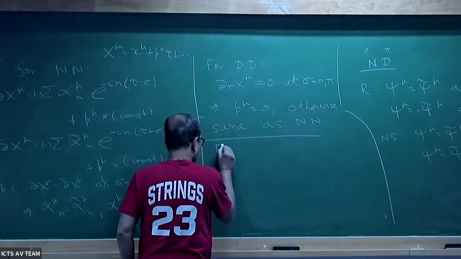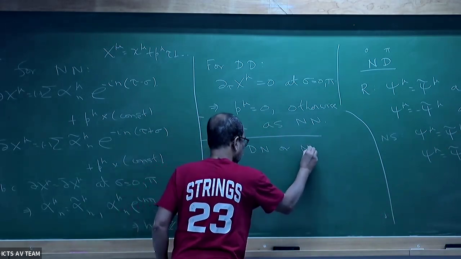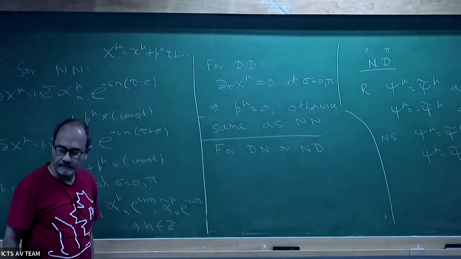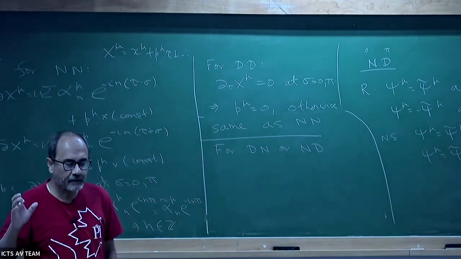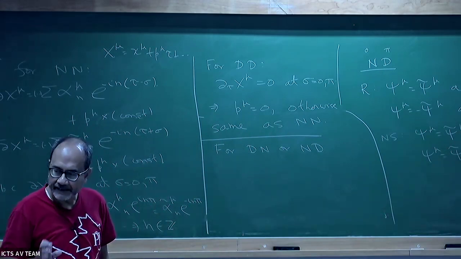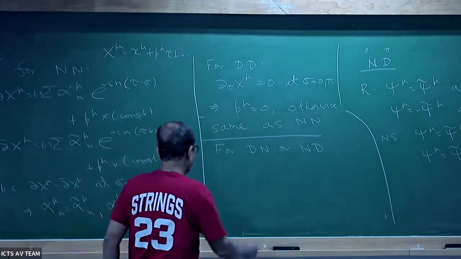For DN or ND, at least one of the ends will have delta of x mu equal to 0. That is enough to kill P mu. So P mu will still be 0.